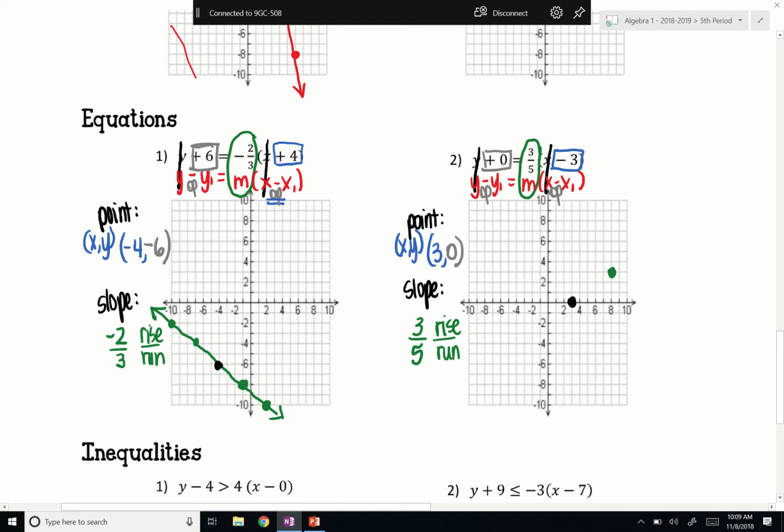Right 5. Can I go up 3, right 5 again? No, so I'm going to go back to my original point, and I'm going to go down 3, left 5. Can I go down 3, left 5 again? No, so this line could only have 4 points.